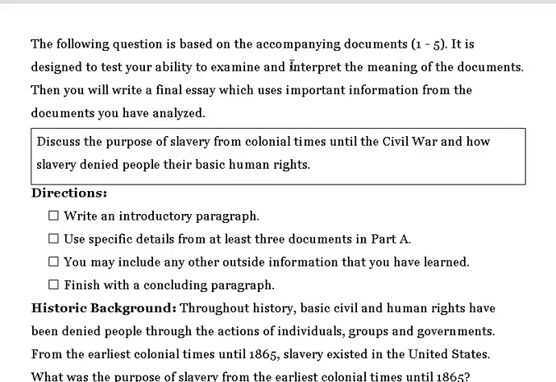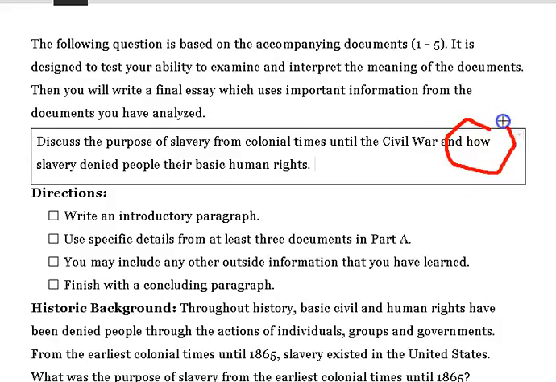Alright, the prompt is discuss the purpose of slavery from colonial times until the Civil War, and how slavery denied people their basic right. The only part I'm focusing on is how slavery denied people their basic right. So, with that being said, we can annotate the prompt.